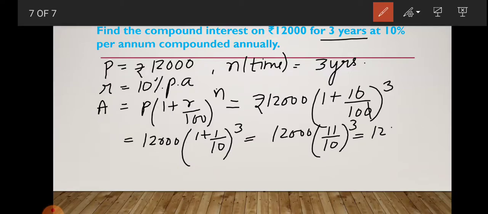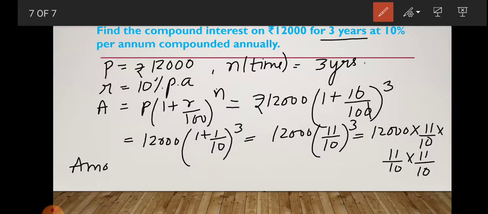On solving this, we get 11 by 10 into 11 by 10 into 11 by 10. On solving this, we get amount is equal to rupees 15,972.